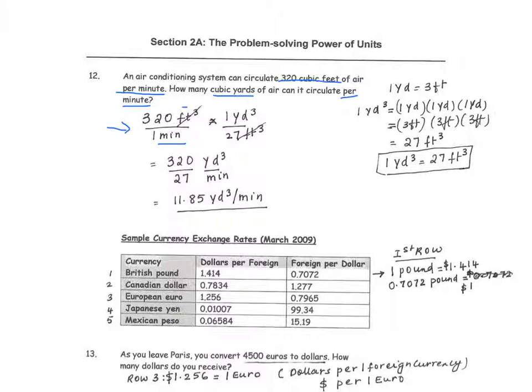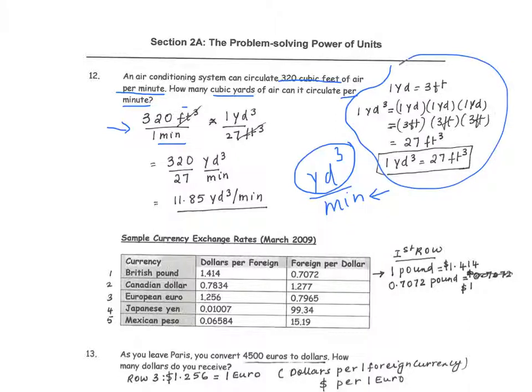We want our answer in cubic yards per minute, so we don't have to worry about the unit of time, which is in minutes. We can leave that alone. The only thing we need to change is cubic feet to cubic yards. So let's look at how that works over here.